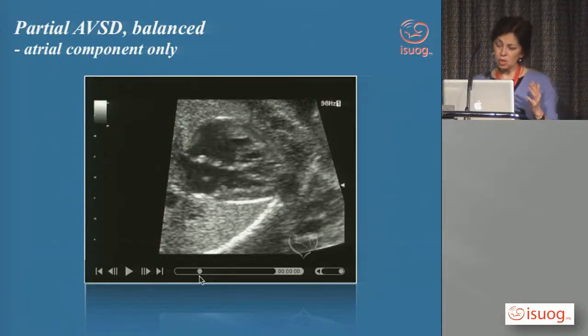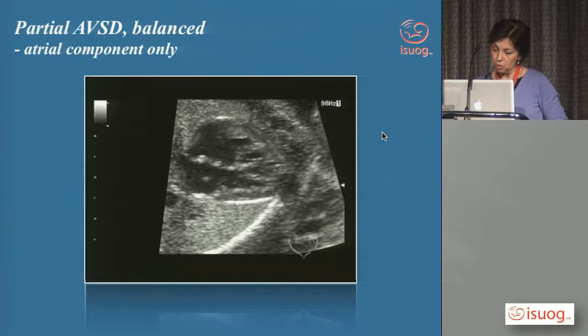In those cases that are so obvious as AVSD, why start measuring everything? But in cases like this, if one routinely measured that, I wonder how many more would be picked up. So the distance here between that and that, both the ratio that Rabbi described, as well as the distance between the insertion of the valves, there is no tricuspid and mitral valves. Those valves are completely different from a tricuspid and mitral valve, as I've shown you on the specimen.